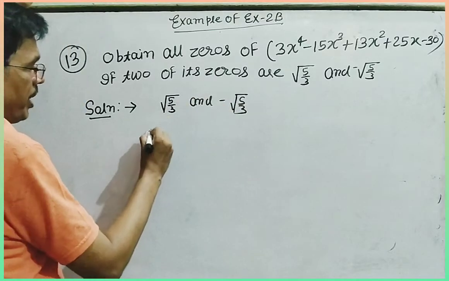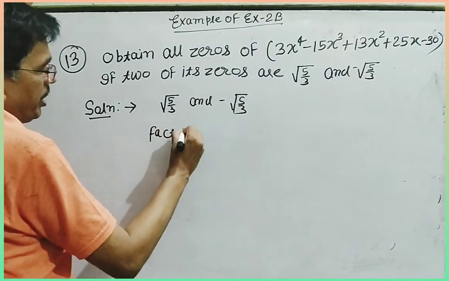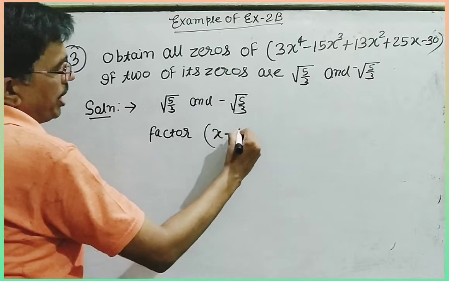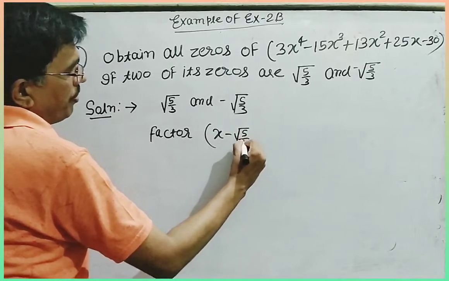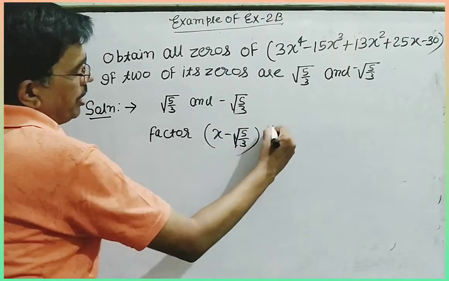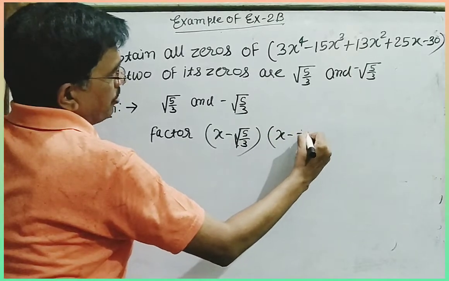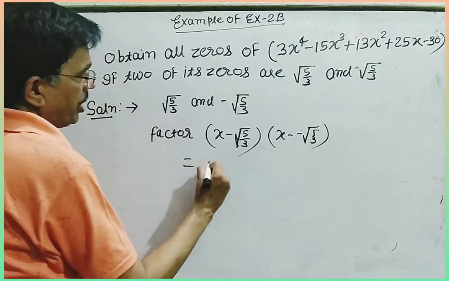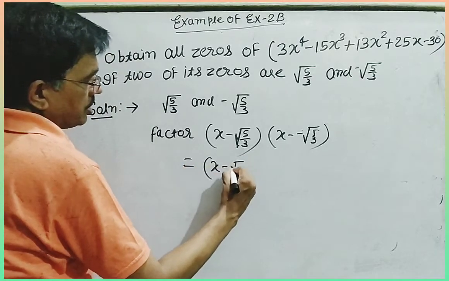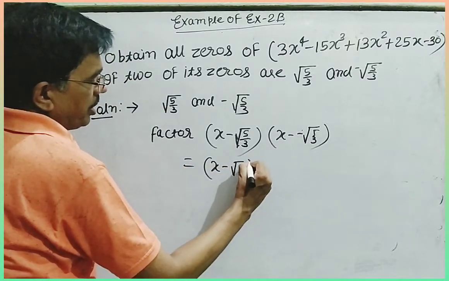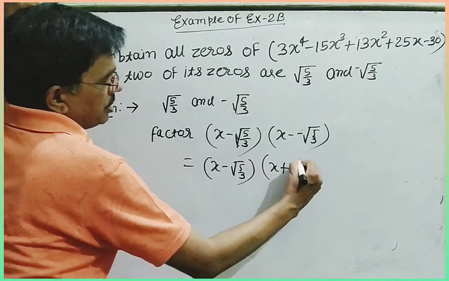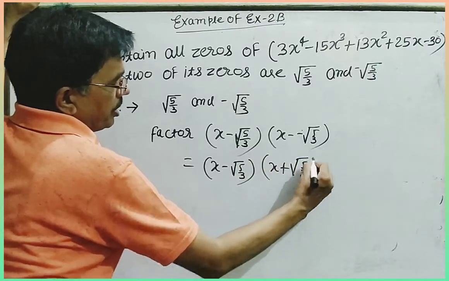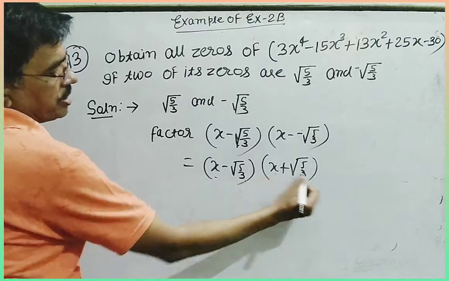So what is the factor? Then the factor is x minus under root 5 by 3 and x plus under root 5 by 3. Now it is in the form of a minus b and a plus b.